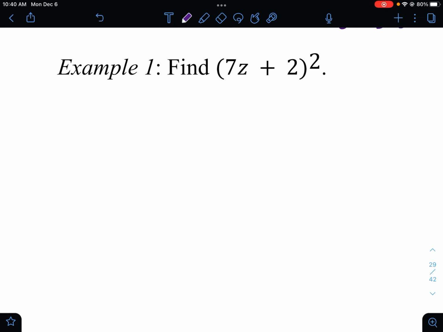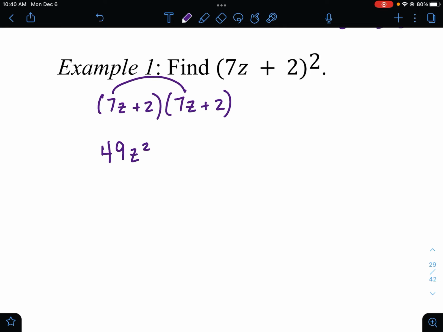It's 7z plus 2 squared. So that means 7z plus 2 times 7z plus 2. So then when we FOIL, I get 49z squared plus 14z plus 14z plus 4.